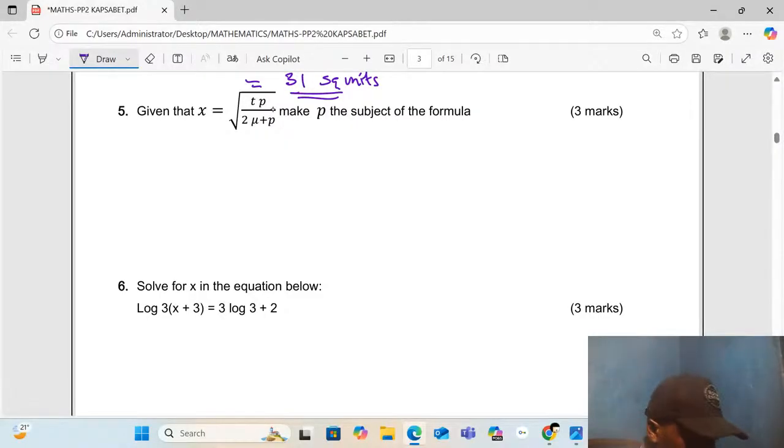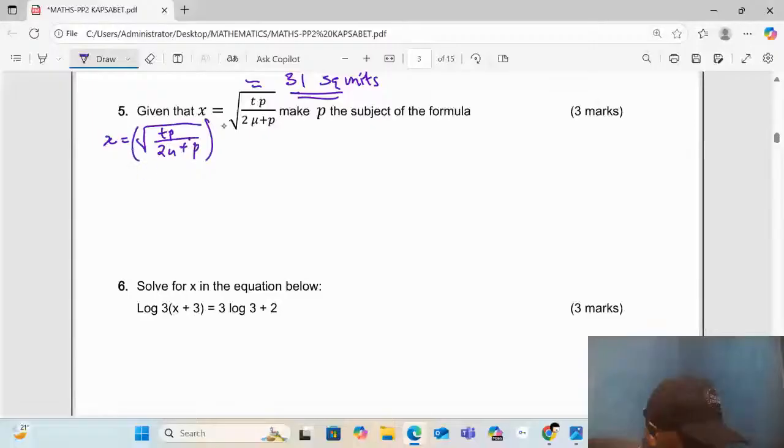So we first of all remove the square root sign by squaring both sides.